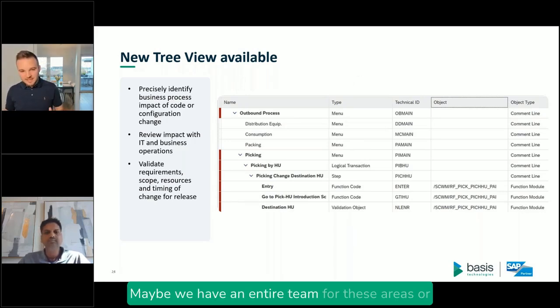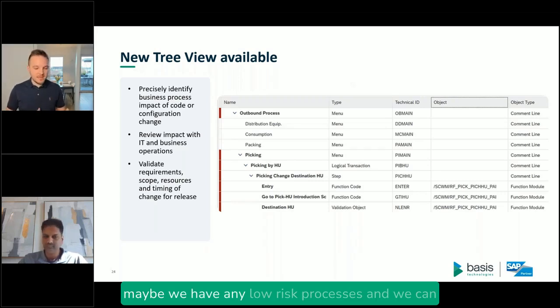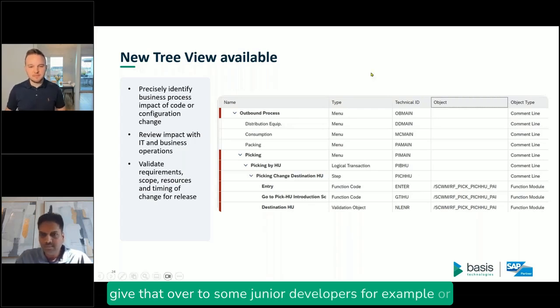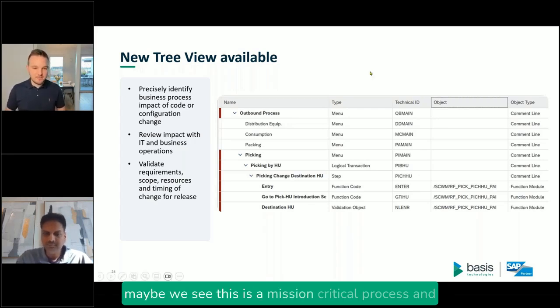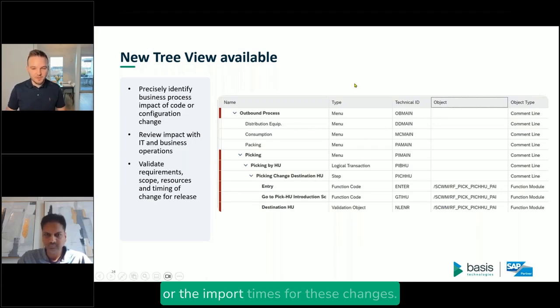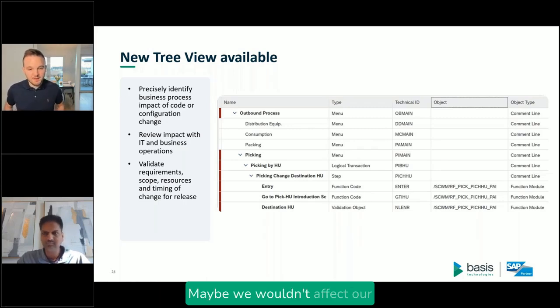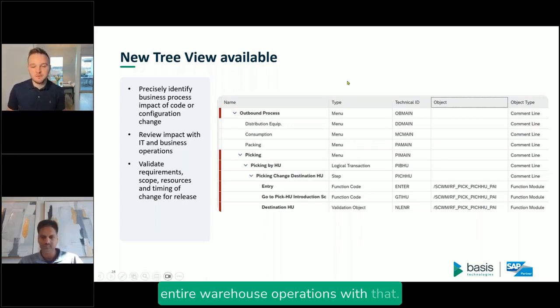Maybe we have an entire team for these areas, or maybe we have low risk processes, and we can give that over to some junior developers, for example. Or maybe we see this is a mission critical process, and we can give that to a team of senior developers. And we can also validate the timing or the import times for these changes. Maybe we wouldn't affect our entire warehouse operations with that.